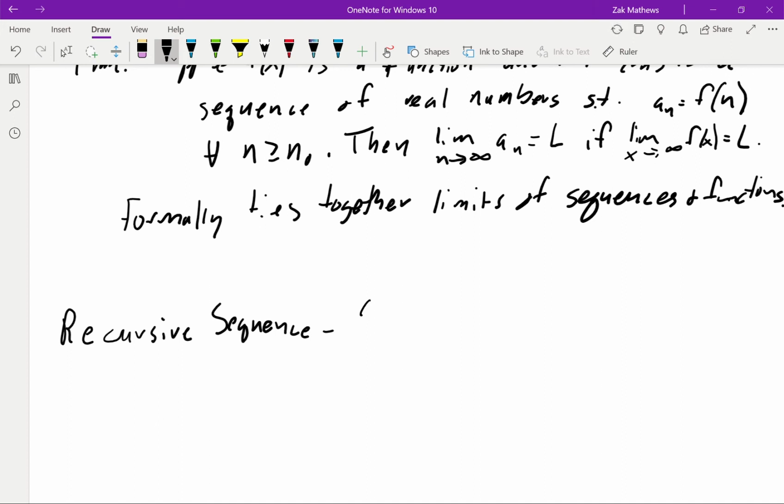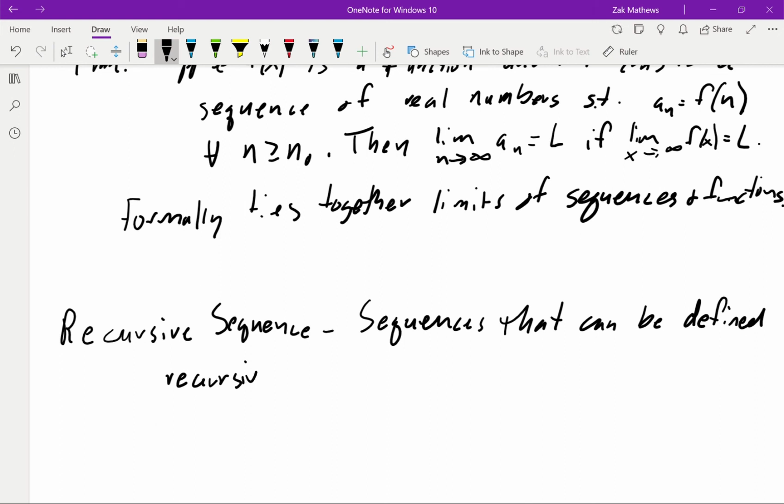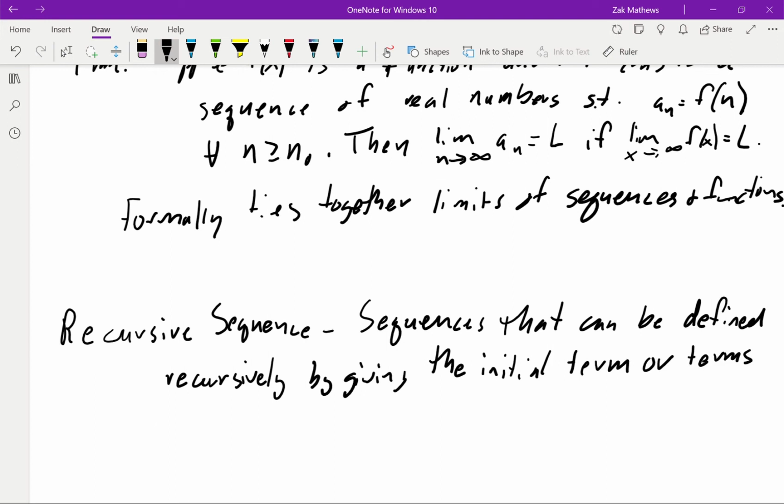These are sequences that can be defined recursively by giving the initial value or term, or it may require terms, for calculating later values.